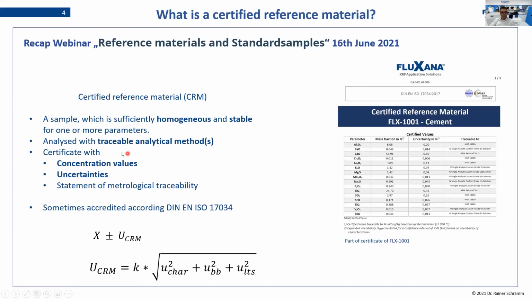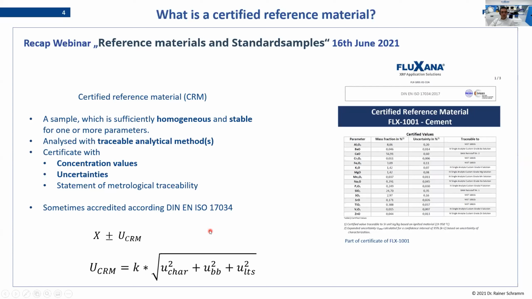Also, it should be analyzed by a traceable analytical method. And then this results in concentration values with corresponding uncertainties. And very important, so that you can call it a certified reference material, is that you have an established traceability, so that we are sure the results are accurate.